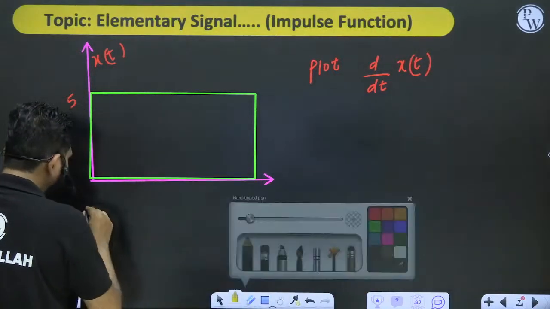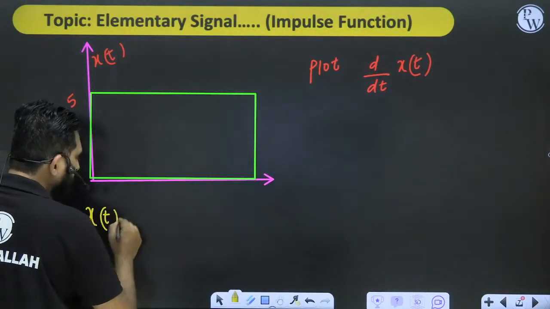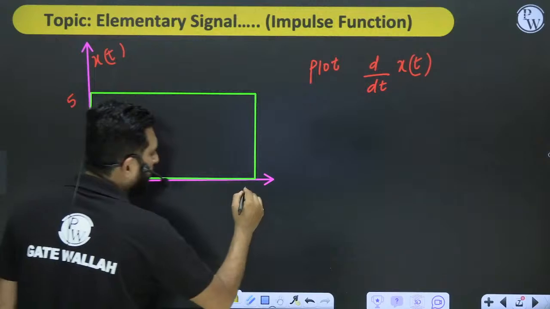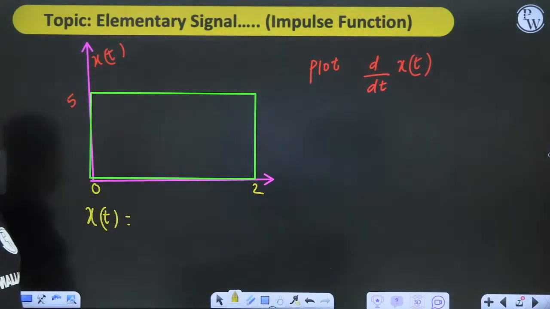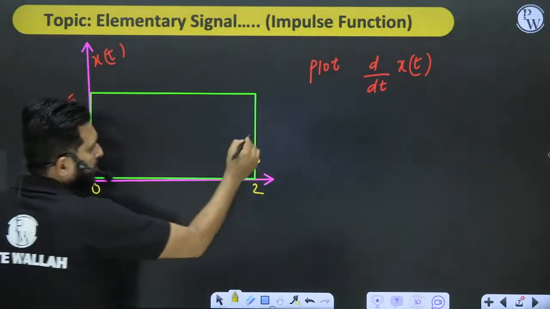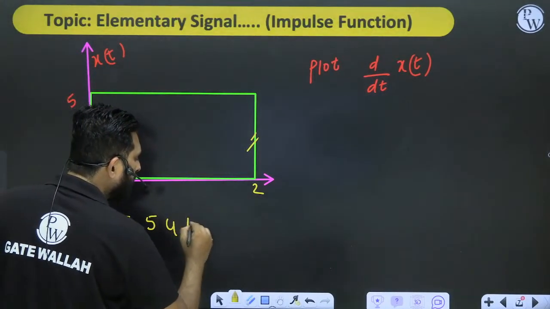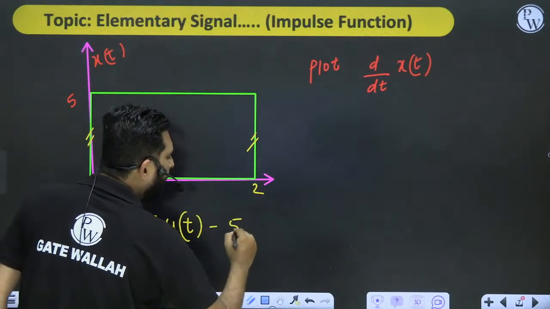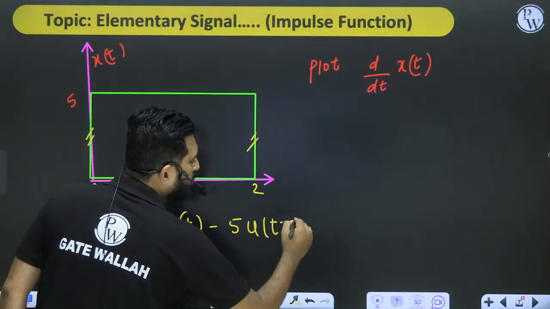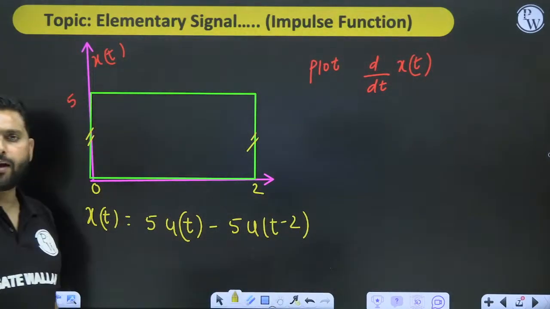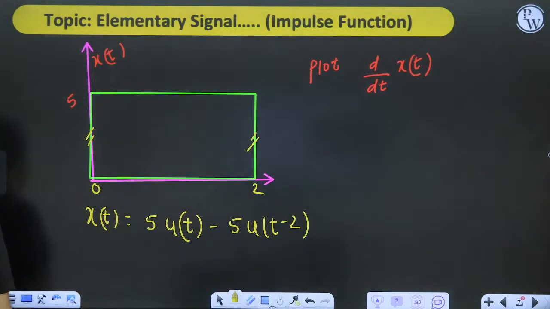I told you in the last class that x of t has two jumps, at 0 and 2. So I will write 5 u(t) minus 5 u(t minus 2). This is what my x of t is.